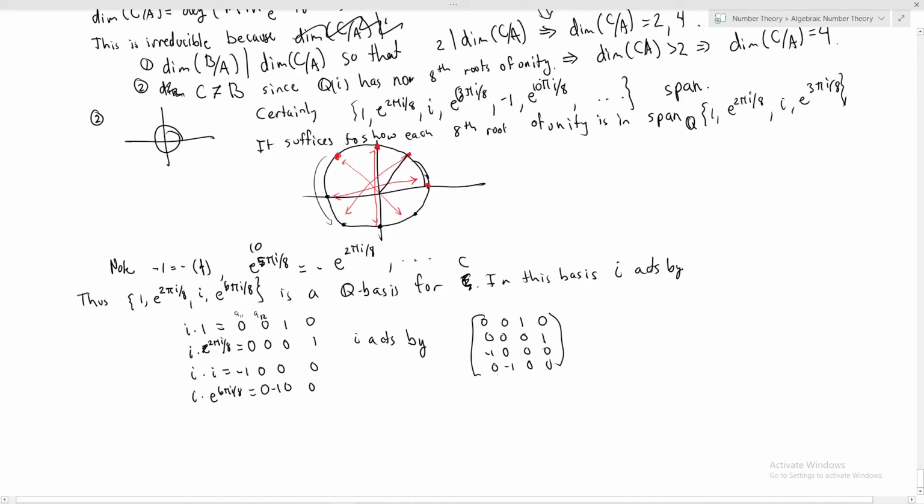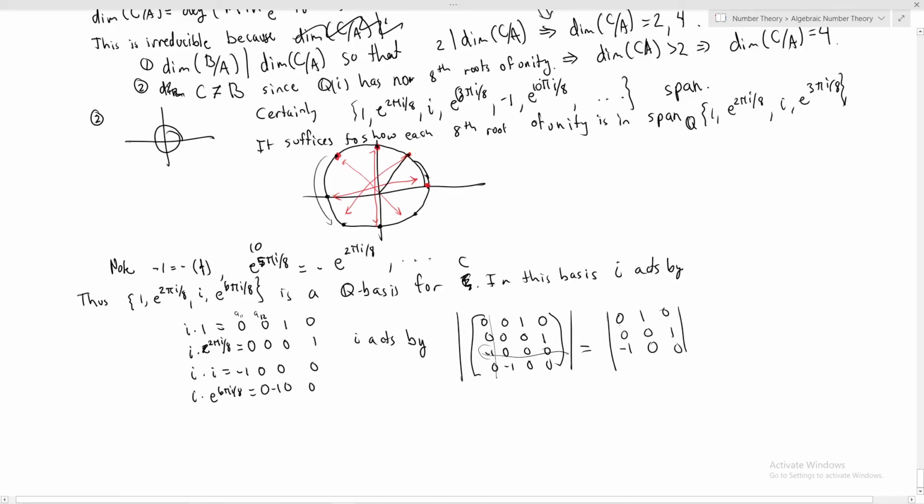We need to expand along columns or rows, whichever you like. So I need to apply the sign here. It'll just be the determinant of this guy, 0, 1, 0, 0, 0, 1, -1, 0, 0.